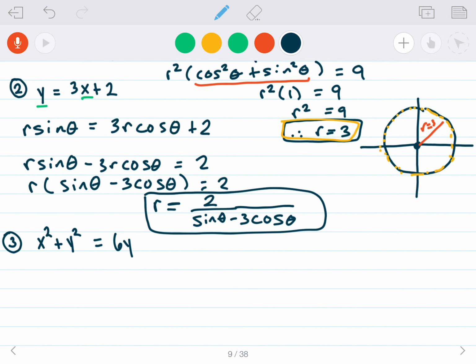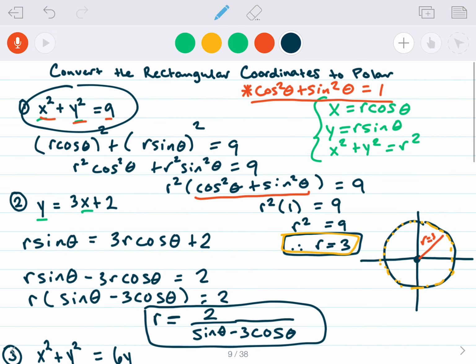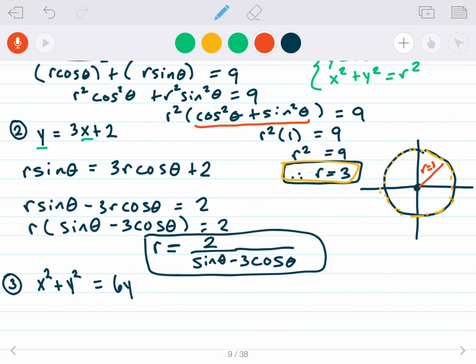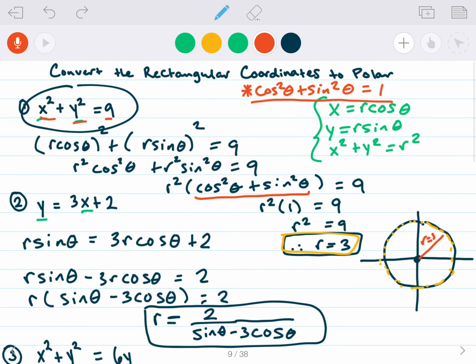So we have x squared plus y squared equals 6y. Anytime you see an x squared plus y squared grouped together like that, you should think, okay, I'm going to use this identity right here, this r squared. And actually, I probably should have done that to begin with. I made a mistake in doing more work than I had to, but maybe this was good to show you because you might have done the same thing on your homework.